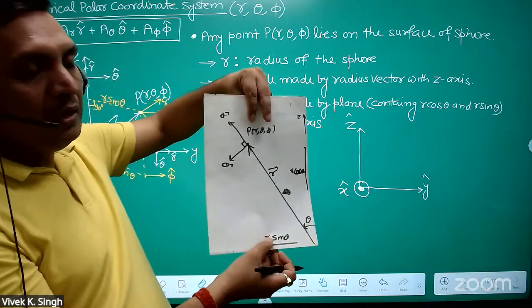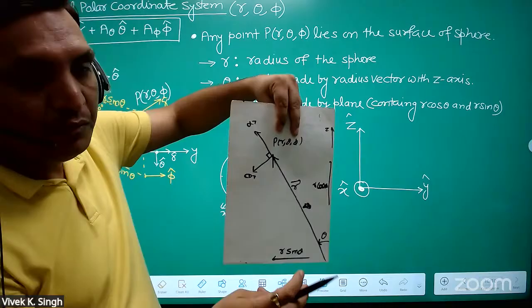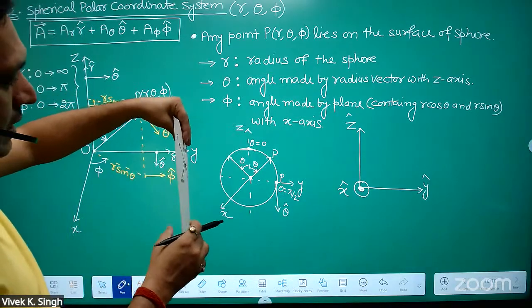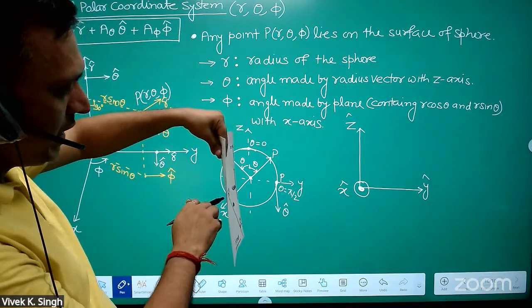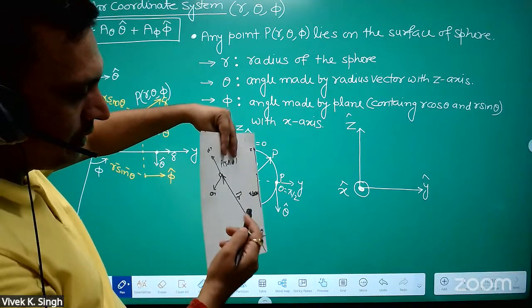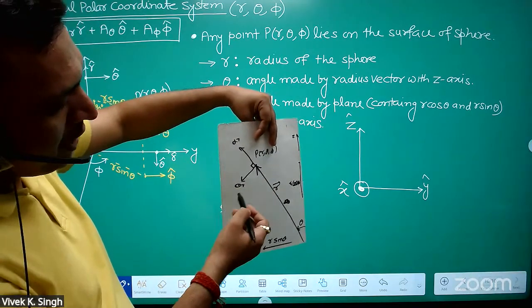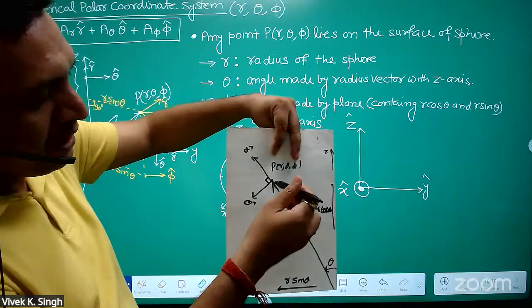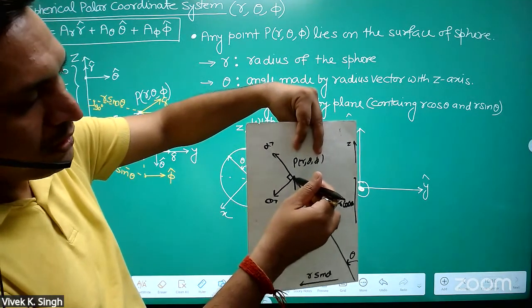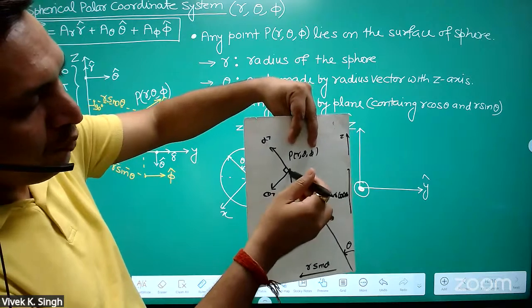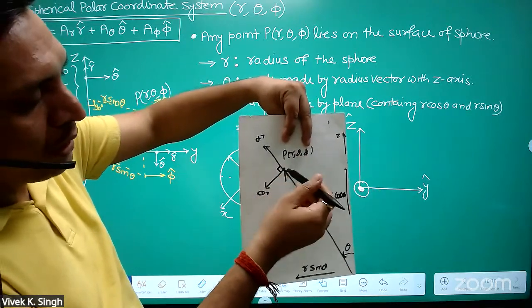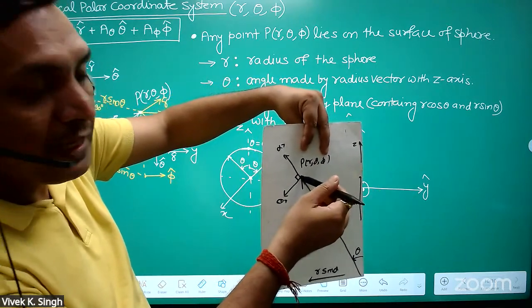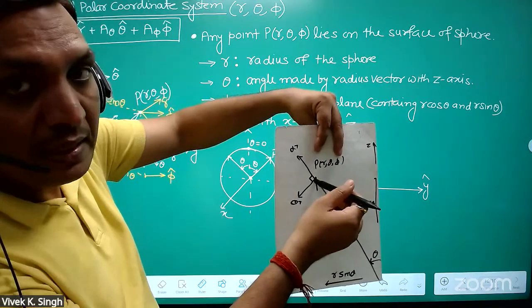Now what will be the direction of phi cap? Because if I am assuming this to be the x-axis, it will make some angle with the x-axis. So this is r cap, theta cap. What will be phi cap? Now you can see phi cap is this direction, because phi cap is perpendicular to both r cap and theta cap, in the increasing direction of phi.